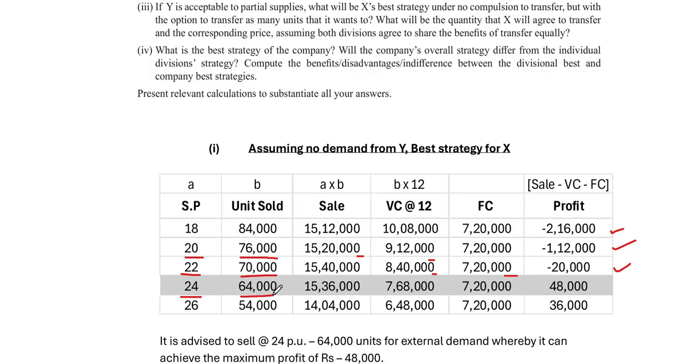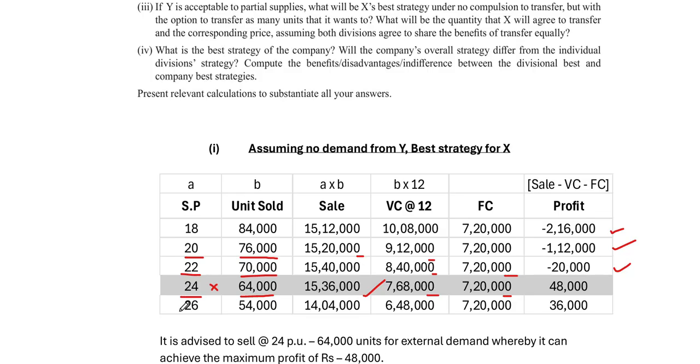Units sold is 64,000. Sales will be 24 into 64,000, 15 lakh 36,000. Variable cost is 64,000 units into 12 rupees, 7 lakh 68,000. Fixed cost is 7 lakh 20,000. So profit will be 15 lakh 36,000 minus 7 lakh 68,000 minus fixed cost, which is 48,000.